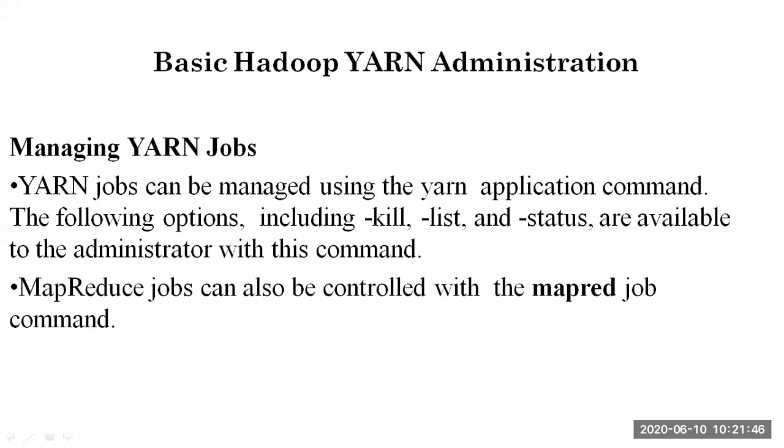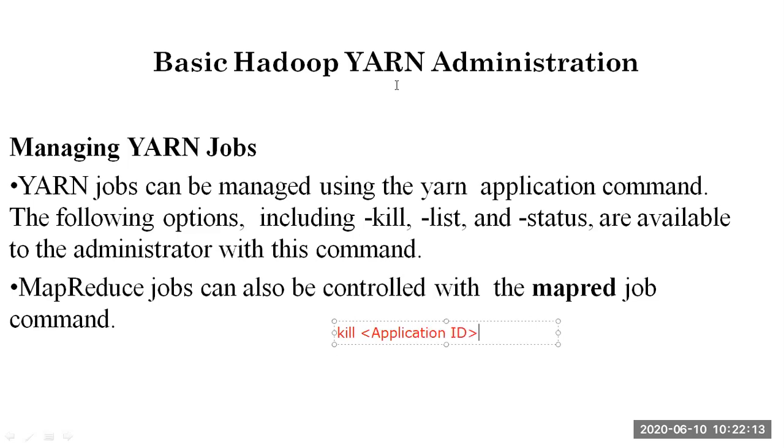If I want to kill any particular application which is running in my system, I can do that with the help of kill application ID. I can write kill and pass the application ID.